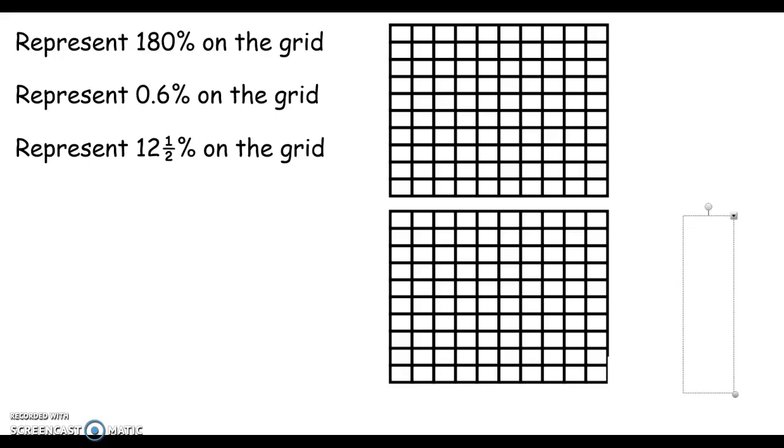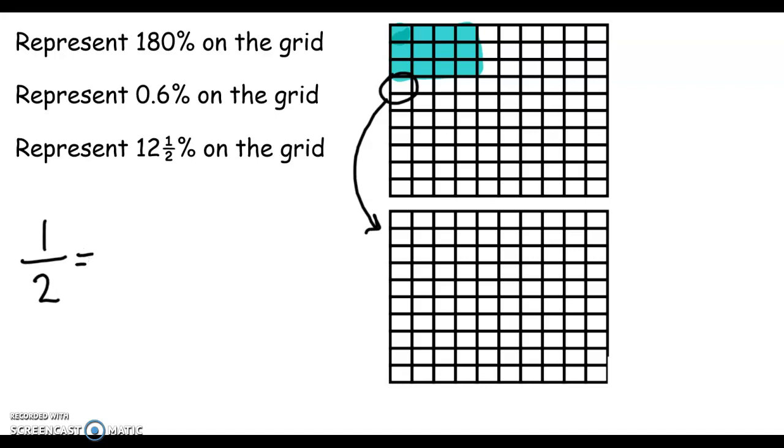Pause the video and see if you can draw in 12.5% on these grids. Okay, here's 12. Now it's 12 and a part. So let's take one more piece from this grid and let's blow it up or zoom in, and we'll represent a half. Now, we know that a half, if we would put it into fractions out of 100, we would do 2 times 50 is 100, 1 times 50.